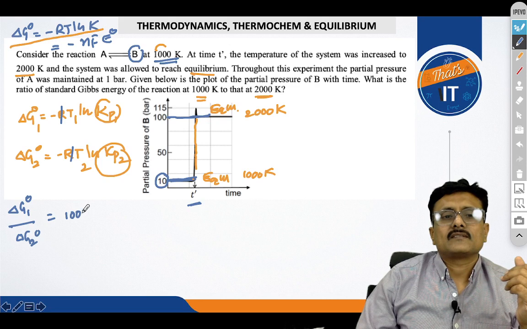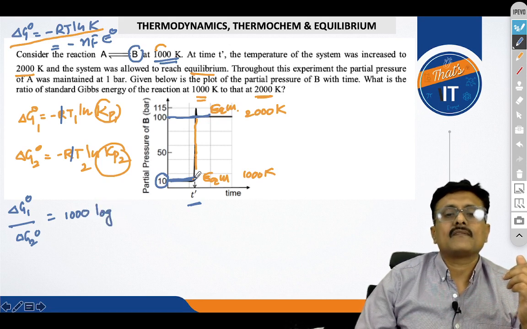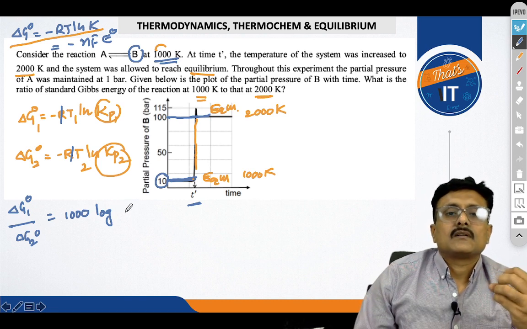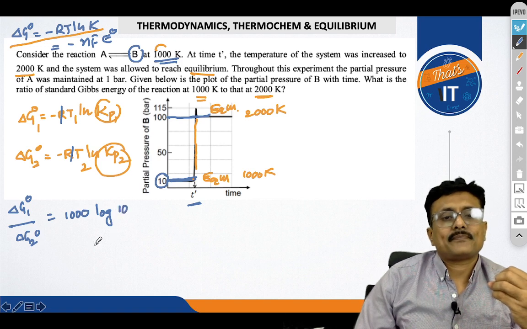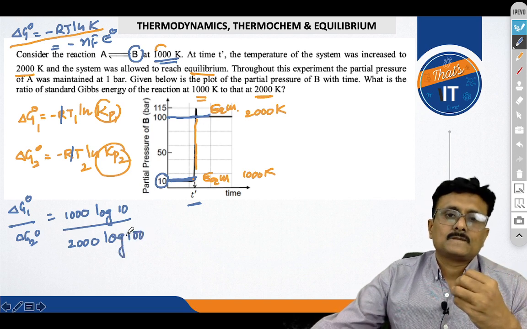1000 is the initial condition, where it is log of how much? So it is log of 10, divided by 2000 into log of, at this point of time, how much? 100, isn't it?